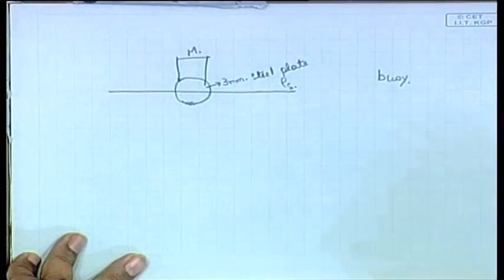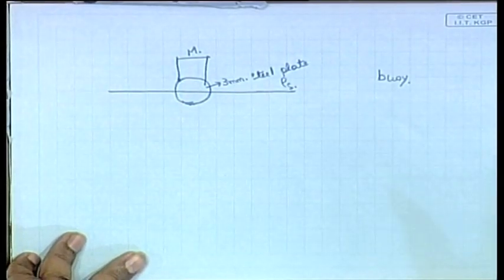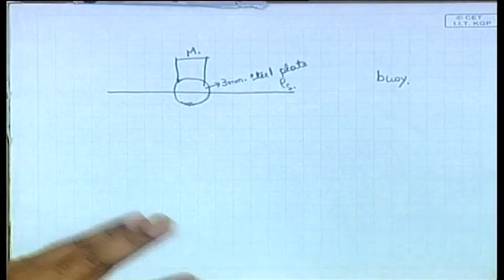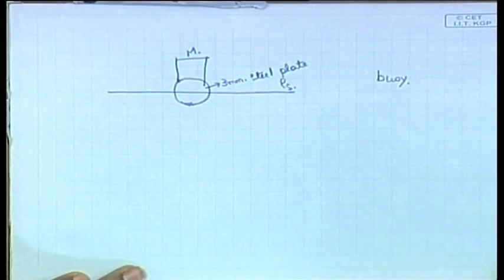Outer diameter is, let us say, d0; inner diameter will be d0 minus 3 minus 3, so d0 minus 6. So the question is, what should be the diameter for the whole thing not to sink, but to float.